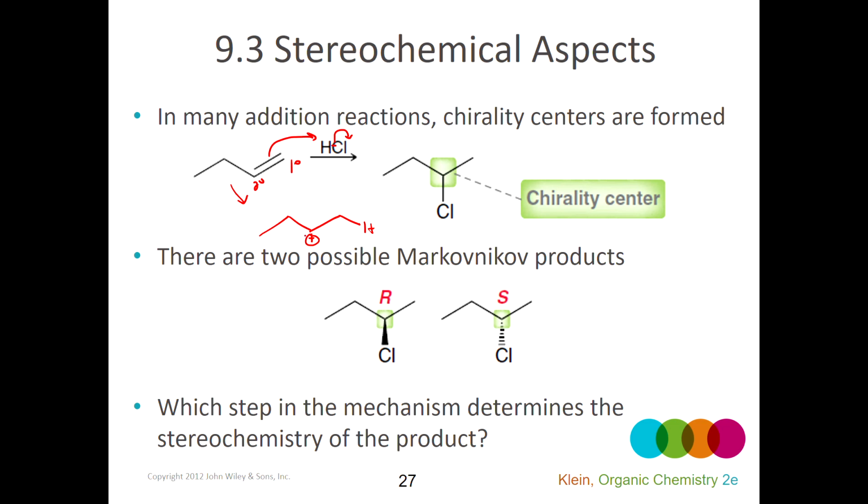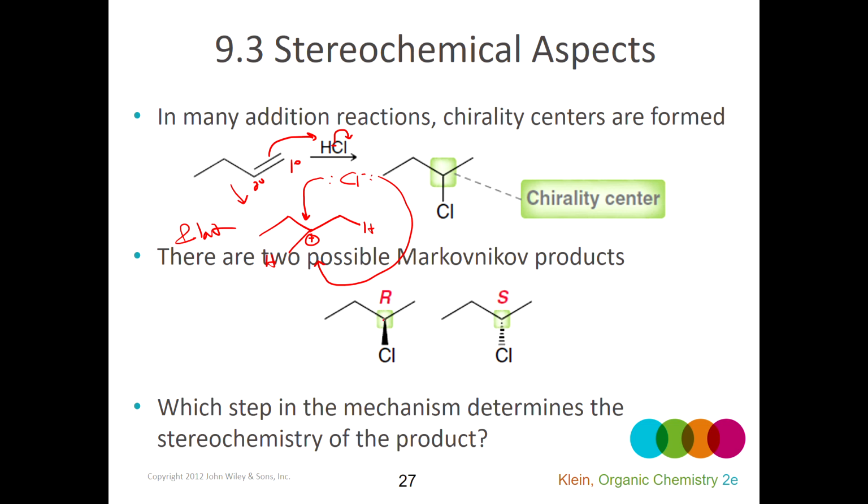That produces a carbocation. As we know, carbocations are flat. And that flat structure can be approached by the Cl- from the top or from the bottom. If it comes in from the top, it'll be pointing out at me. If it comes in from the bottom, it'll be pointing away.